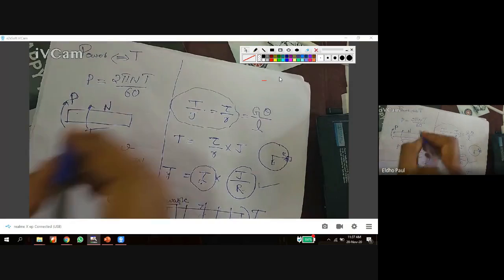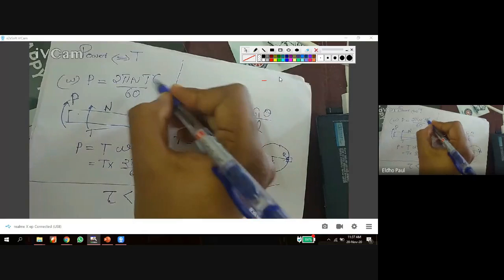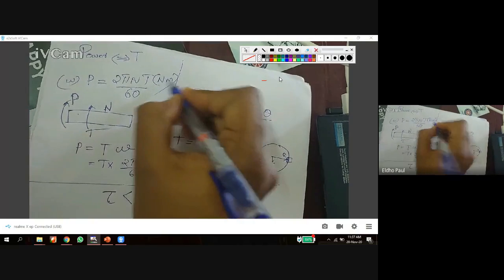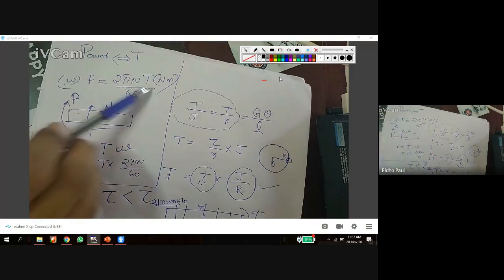The unit of power is watt. The unit of torque is Newton meter, force into perpendicular distance. So if the power is in watt, the torque is in Newton meter.